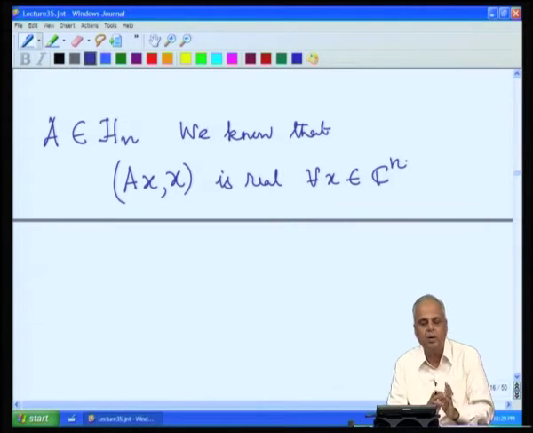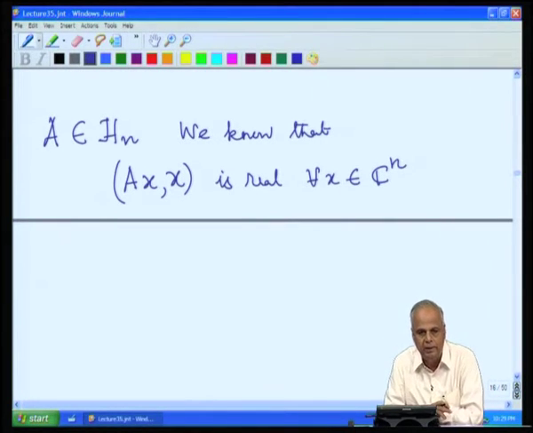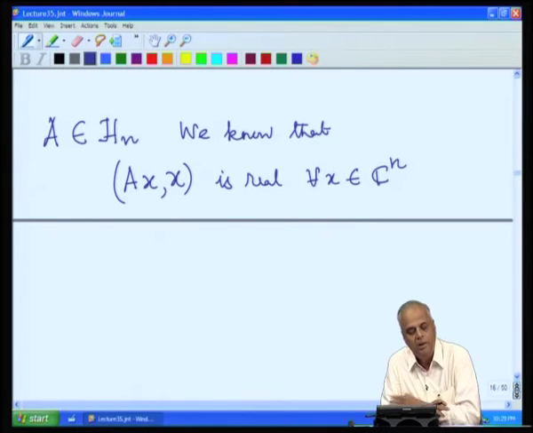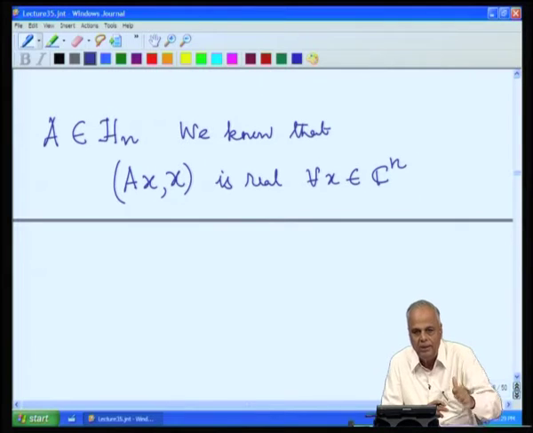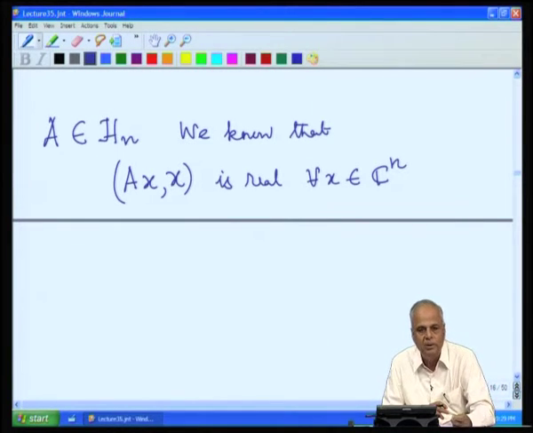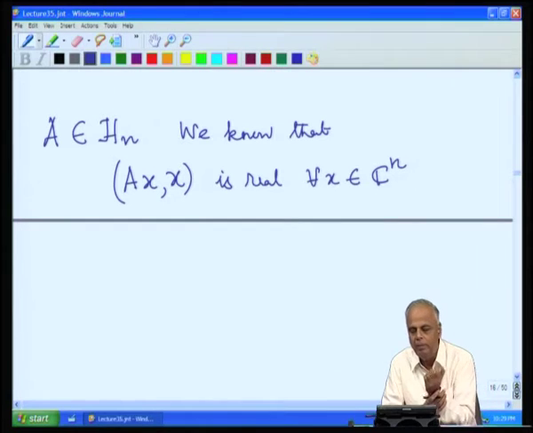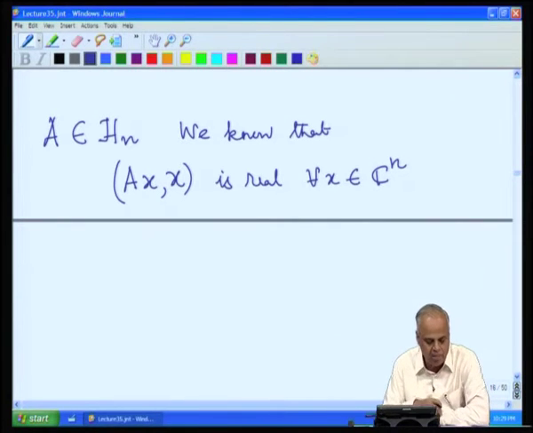So, if you take even a complex matrix n by n and even a complex vector x, as long as the matrix is Hermitian, A x comma x always turns out to be real. This is a typical property of Hermitian matrices.